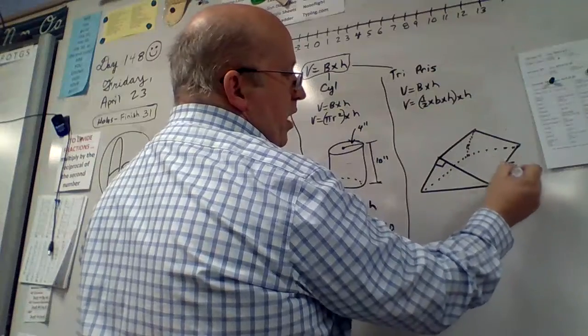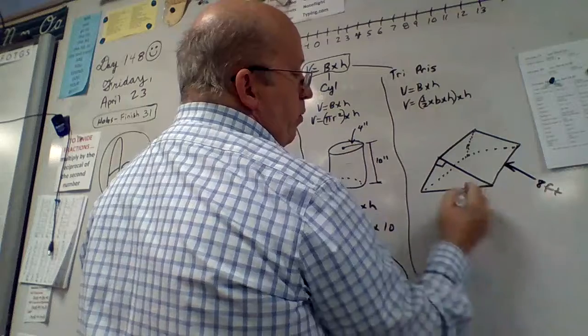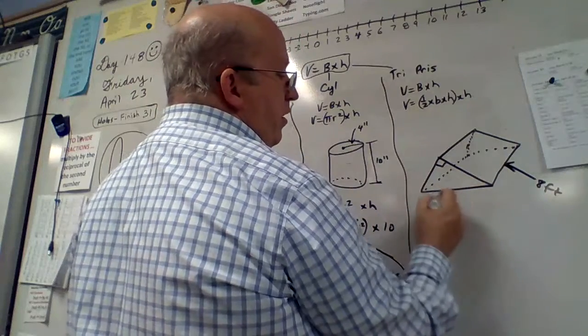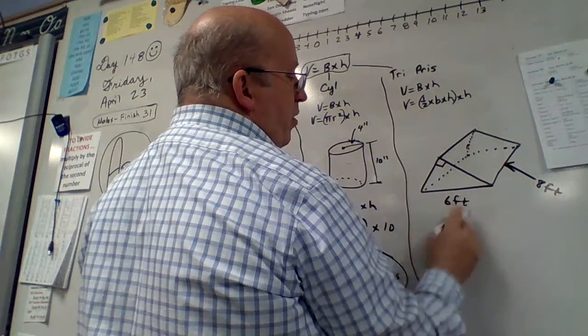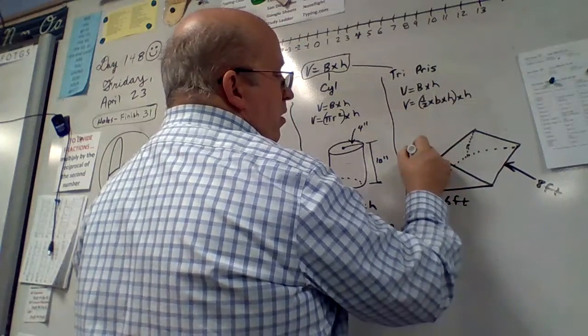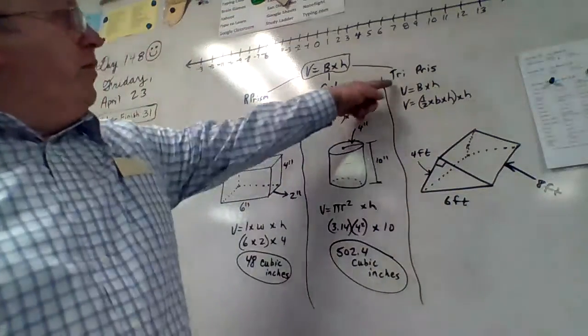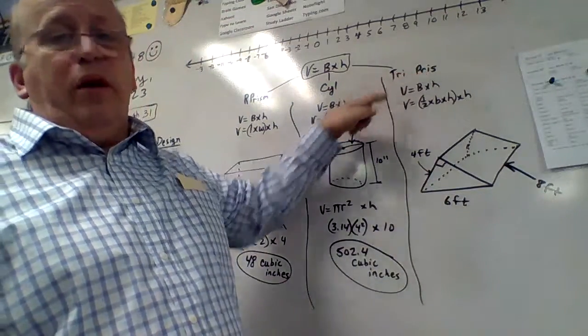Right here, this line, we're going to call that 8 feet. And we're going to call this line right here 6 feet. And we're going to call this line right here 4 feet. Okay? Now, remember, this is a triangular prism.